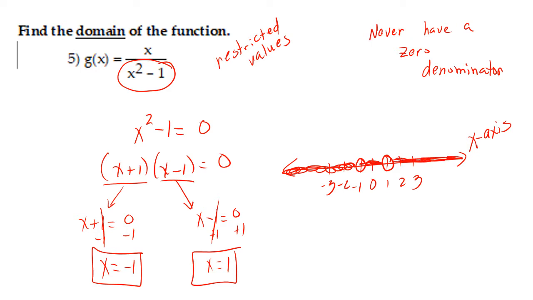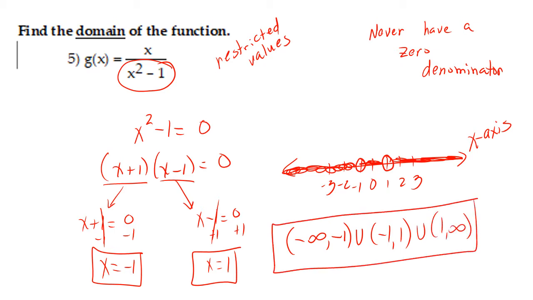That creates 3 intervals. So the domain would be (-∞, -1) ∪, which stands for union, then (-1, 1) ∪, and then (1, ∞). And that is the domain of that function.